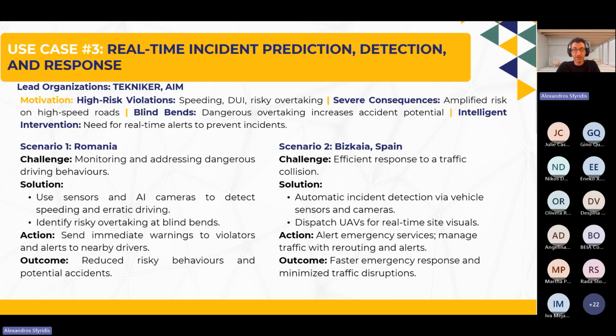So we have many behavioral aspects, such as drivers speeding or driving under the influence of alcohol, drugs, or whatever substances. Or, for example, other behaviors like risky overtaking, and all these may lead to accidents, collisions, and so on.